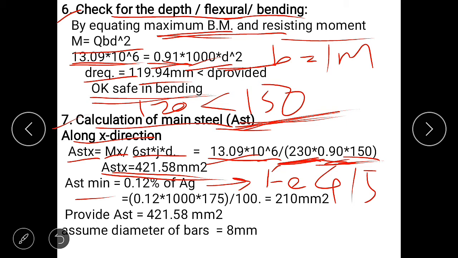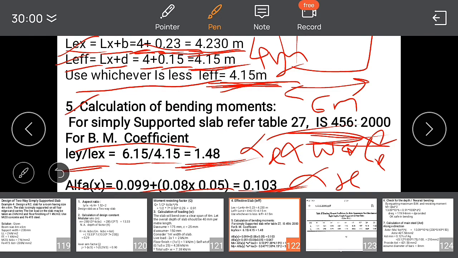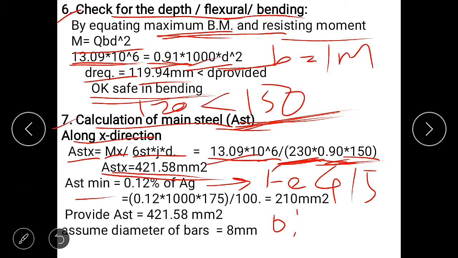So the formula is 0.12 into B into D. Here we provide a capital D, so 0.12% means 0.12 by 100. B is 1000 and capital D is 175.